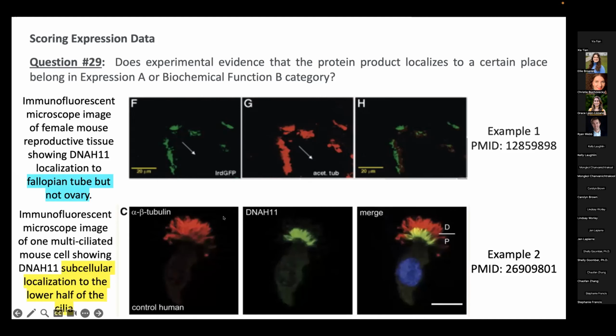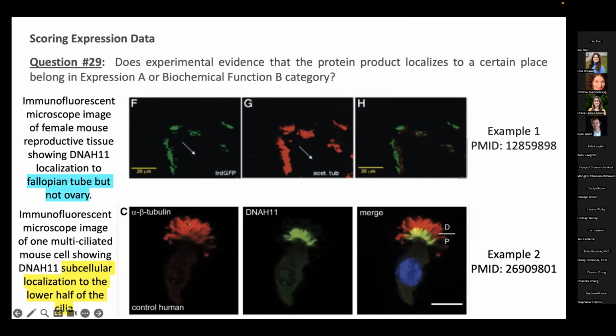The flip side of the coin, which is also localization data, would be subcellular. The first evidence was this tissue, but not that tissue, this organ, but not that organ. Another type of localization data could be where in the cell something locates to. Again, we're interested in a ciliary gene, and this is saying that even within a cell, when you zoom in really close, it goes to the particular half of the cell that the cilia are on.